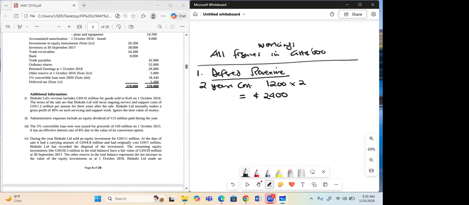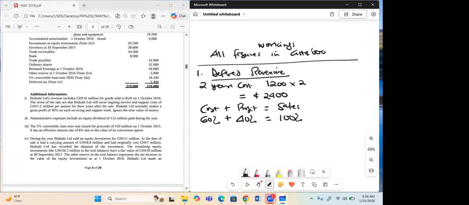Now, but this is a cost. And you know cost plus profit is equal to sales. So if they are telling you the margin is 40%, it means sales should be 100%, so the cost will automatically be 60%, right?